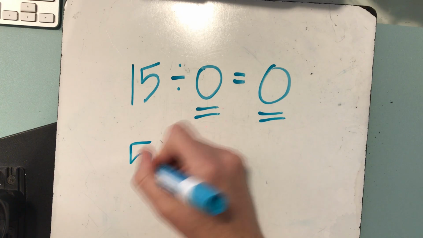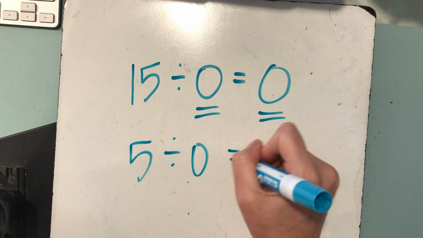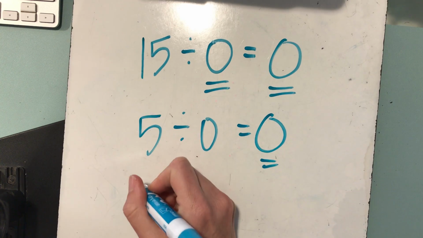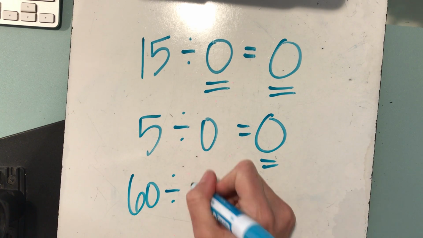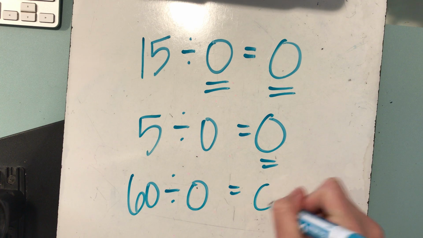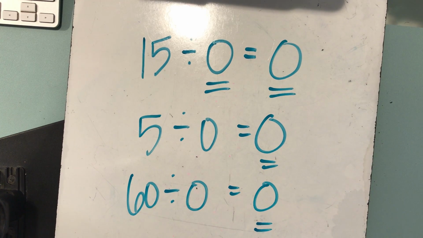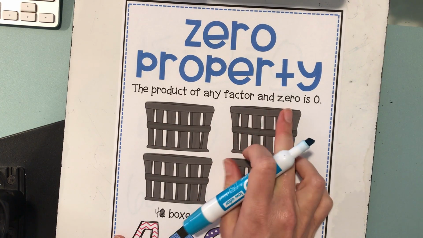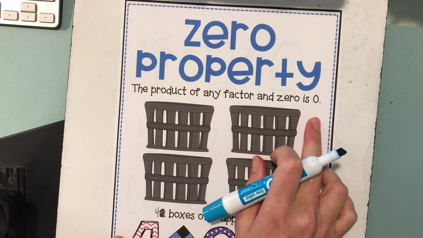If I had 5 divided by 0, it would still be 0. If I had 60 divided by 0, it would be 0. Okay, so multiplying and dividing, zero property. The product of any factor and 0 is 0.